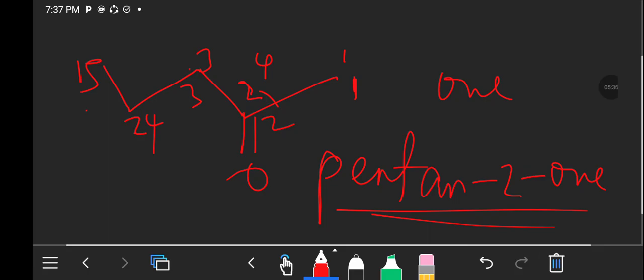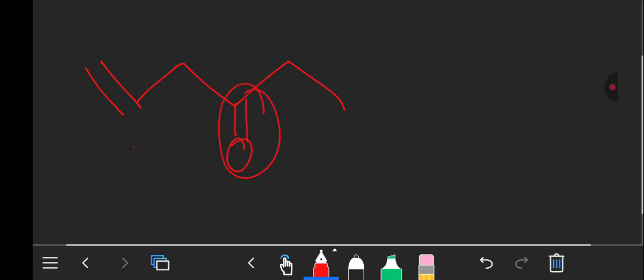Let's look at another example. Let's say I have this structure like that. Then I have a double bond there. So how can I name it? I need to assign the lowest number to this ketone.